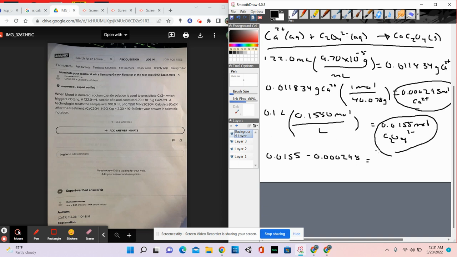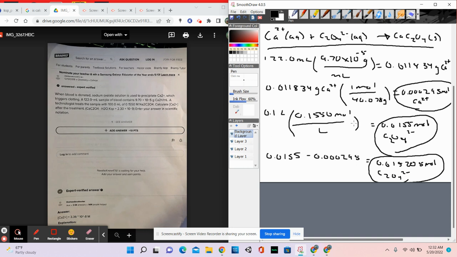And that is 0.015205 moles of C2O4 2 minus. So that's how many is in the blood currently after the calcium oxalate is formed.